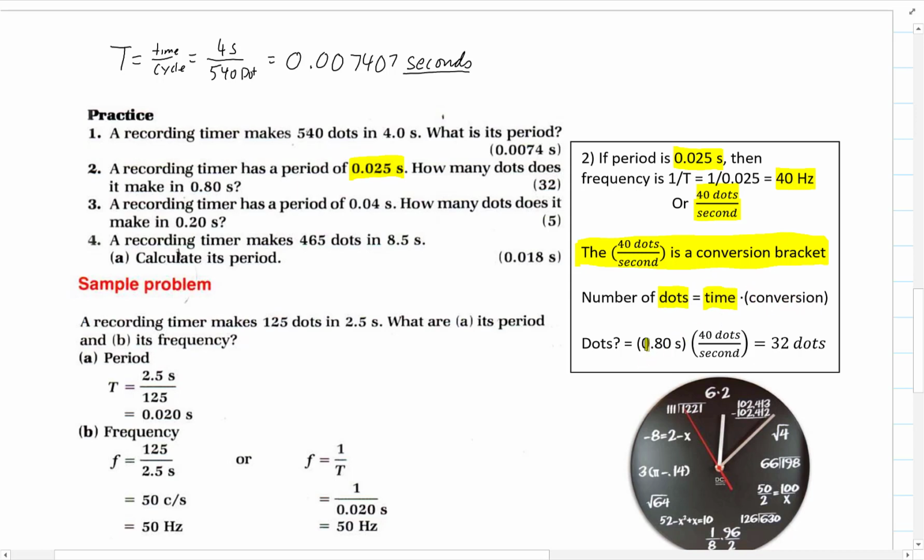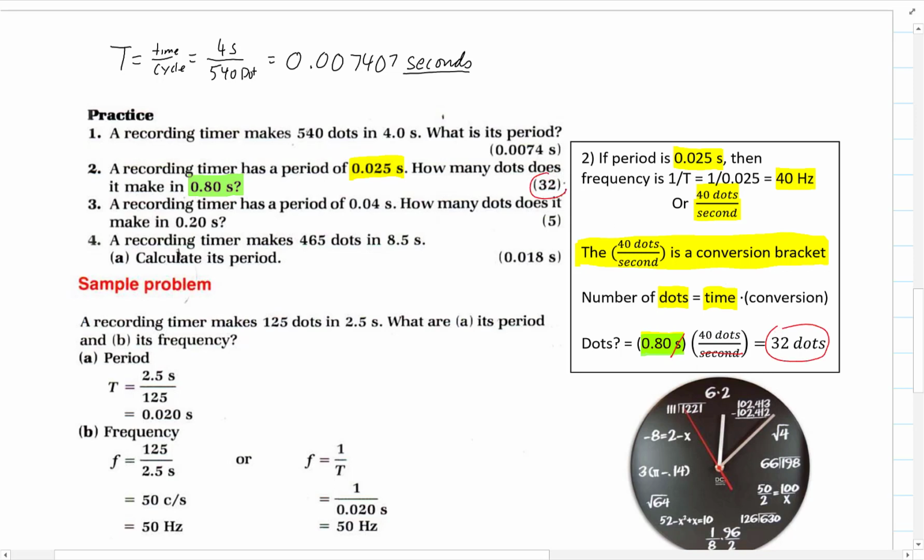The time is 0.8 seconds. This conversion is 40 dots per second. And you'll notice why I'm doing that: the units just cancel and we end up with dots. 0.8 seconds times this conversion factor will give us 32 dots. And that's how many dots are created.